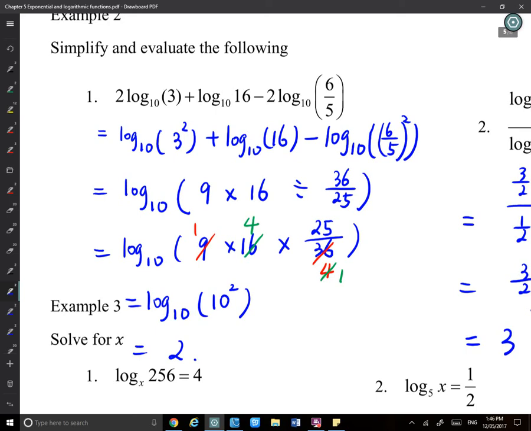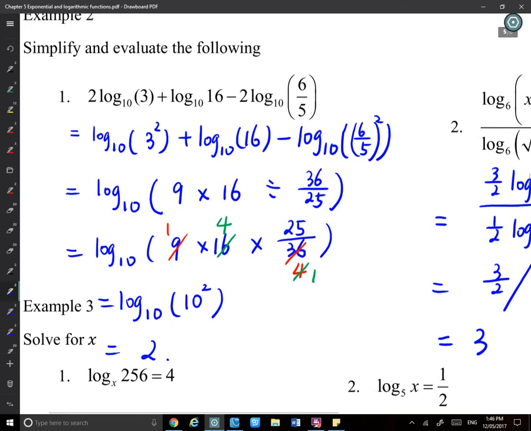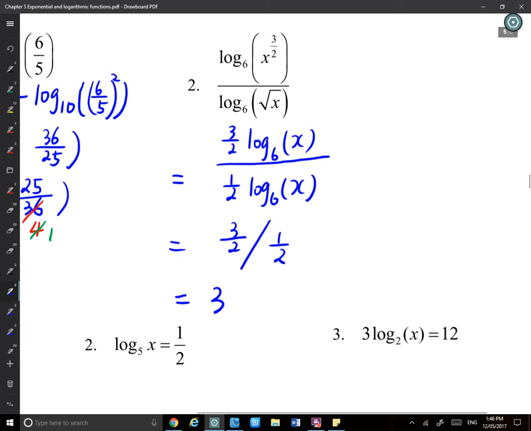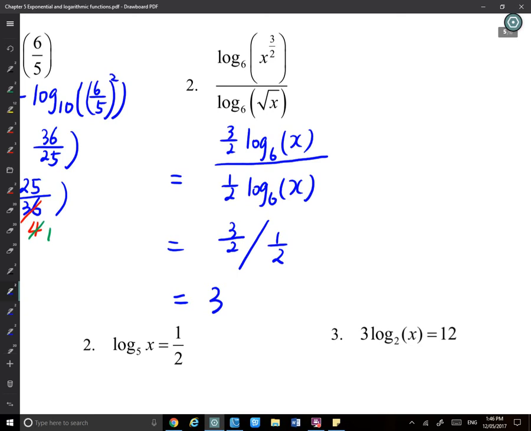Log 10 of 100 will be 2. So we'll have 2 here. Okay, last one.